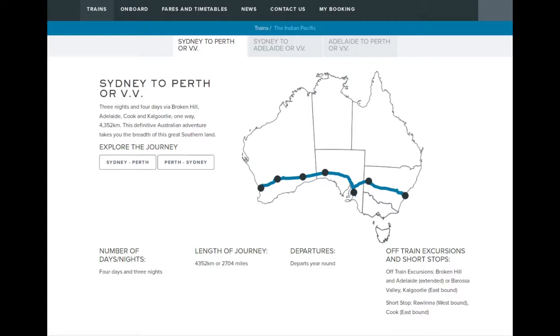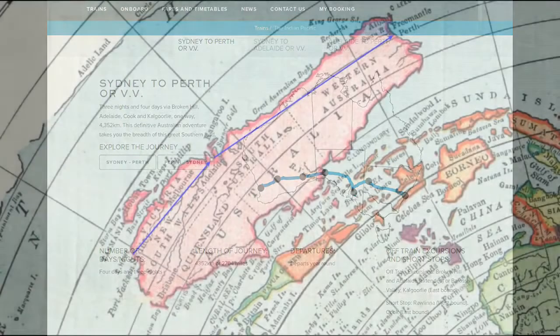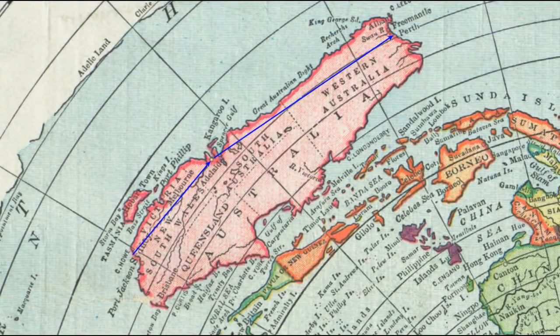And it literally follows Australia on the southern side from Sydney all the way to Perth. And this is the map they give us on their website. But what's interesting is if you look at it on the flat Earth map, it's practically a straight line.